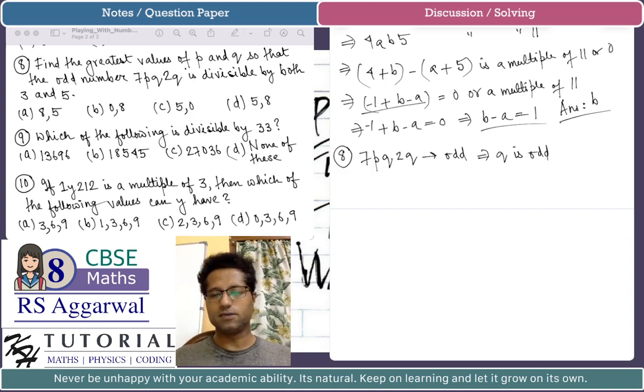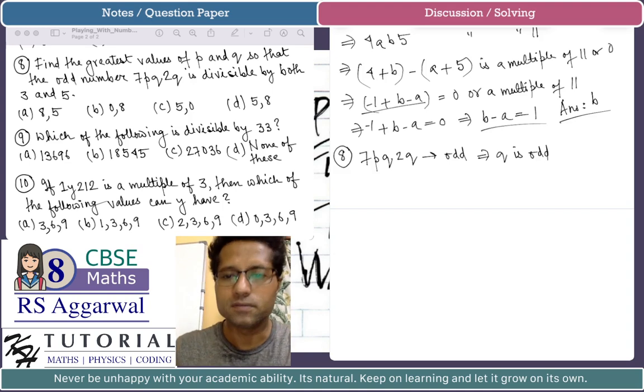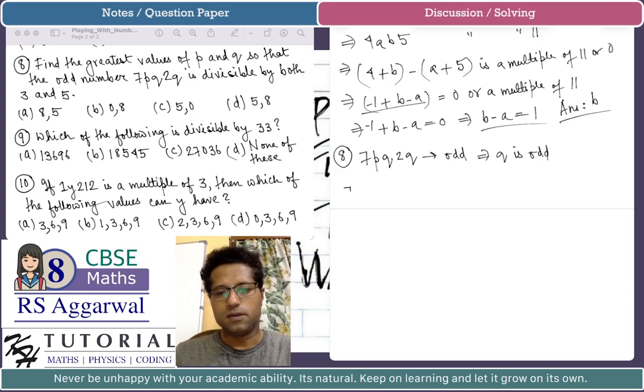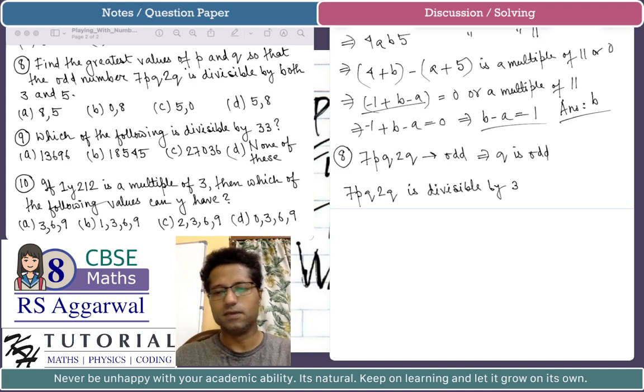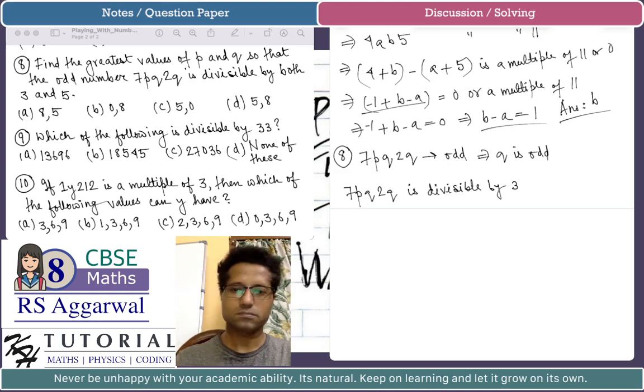So we can clearly see that Q is odd. Now it is said that the number 7PQ2Q is divisible by 3 and 5.